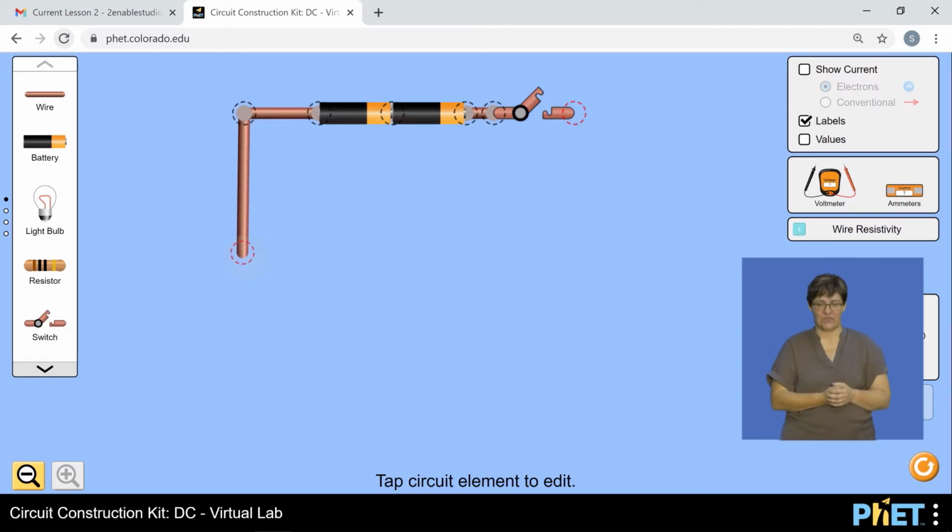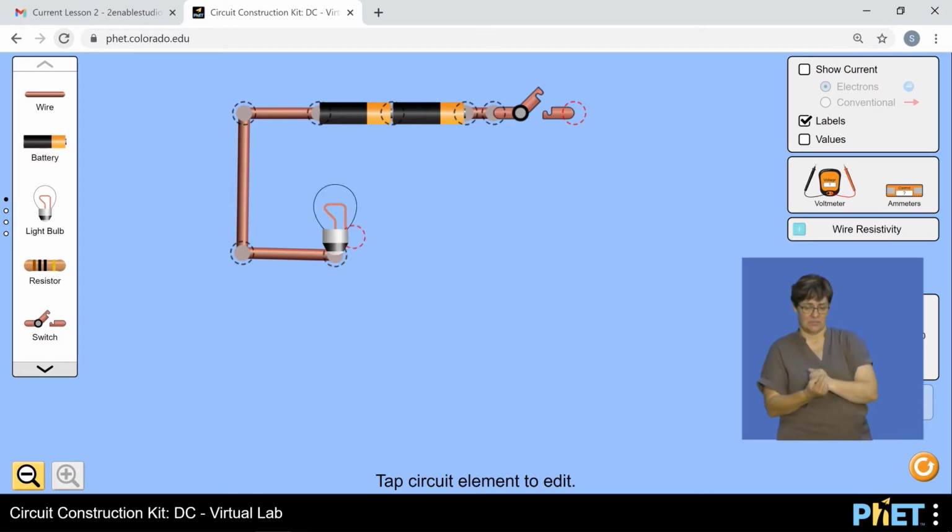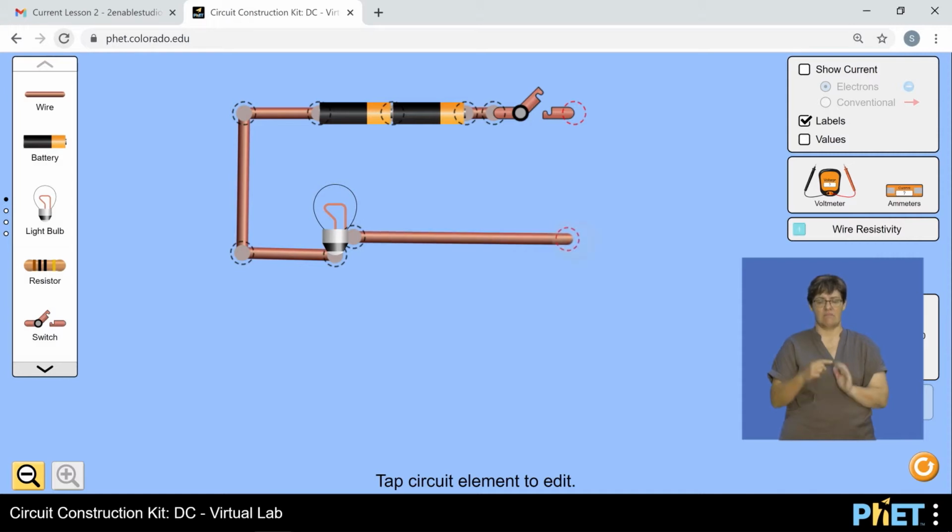And then we can have another one, okay? And then we can also have a light bulb, okay, just to show the energy transformation that takes place, okay? There is our light bulb, and then we will complete the circuit by connecting another piece of conductor.